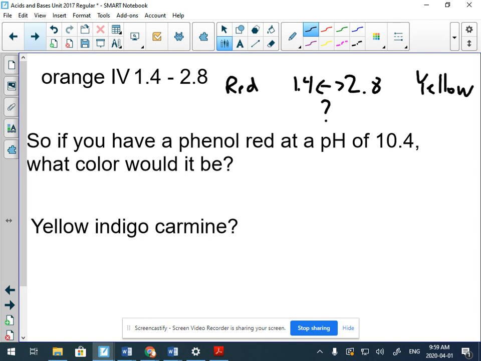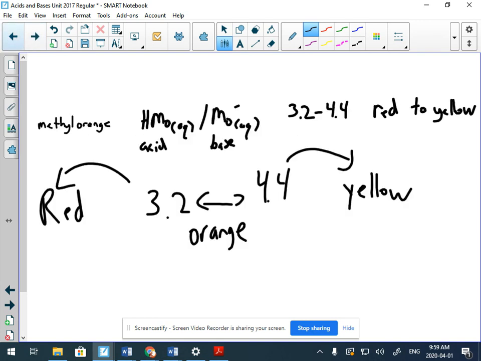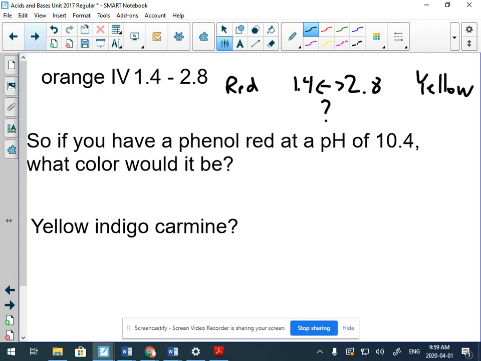Does that make orange? Red and yellow make orange. I'm so bad with colors.